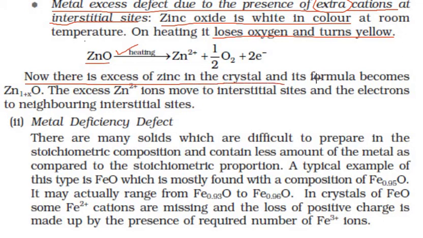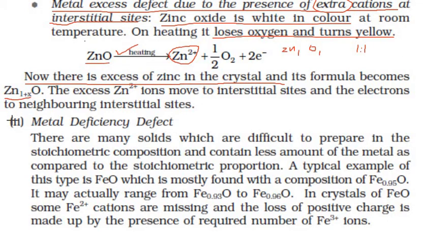So actually its formula is ZnO, where zinc is 1 and oxygen is also 1. When you are talking about the mole ratio, zinc is to oxygen 1 is to 1. But because of this zinc plus 2 ion which occupies the interstitial site, some excess of zinc in the form of X occupies.